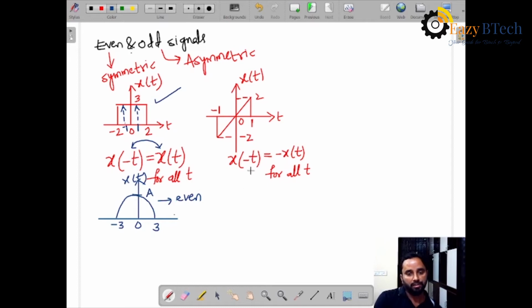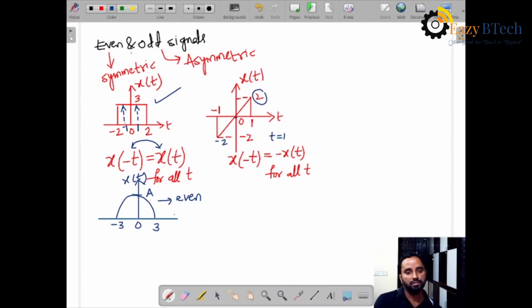Now the odd signal. For an odd signal, take t equal to 1, for example. At t equal to 1, we have the value 2. At t equal to minus 1, we have the value minus 2. Opposite or not? Here 2, here minus 2, opposite.